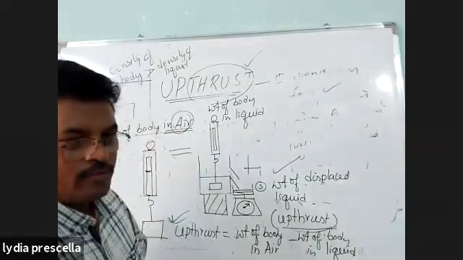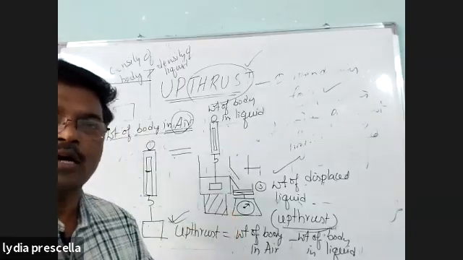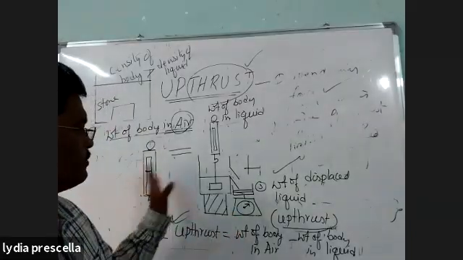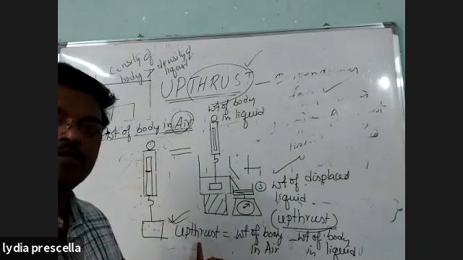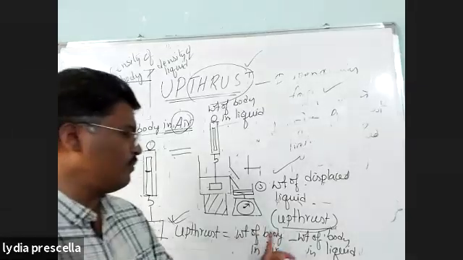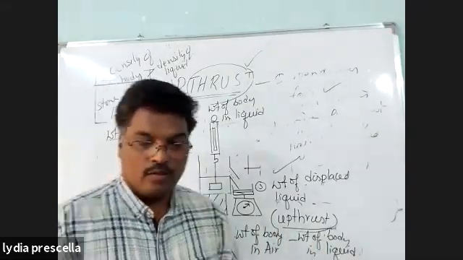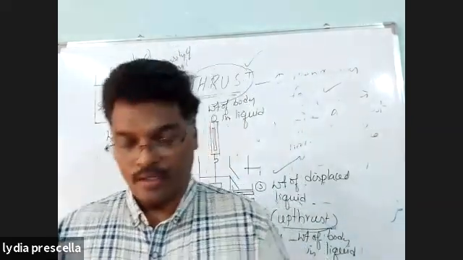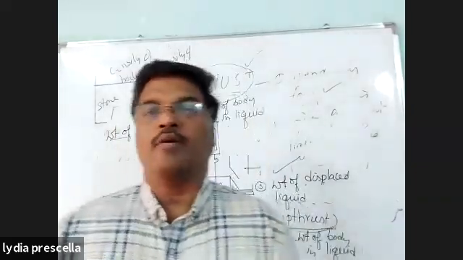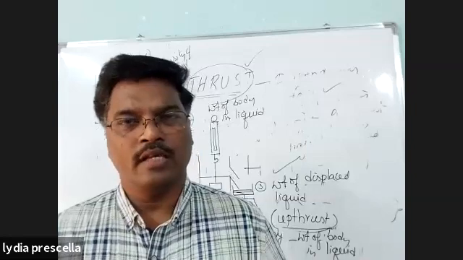So there are two formulas. Upthrust is equal to VdG, that is nothing connected to Archimedes principle. But when spring balance, Eureka can, everything is given, this formula you have to use: upthrust is equal to weight of body in air minus weight of body in liquid. So what all we have discussed today? Some bodies float in liquid, some bodies sink in liquid.